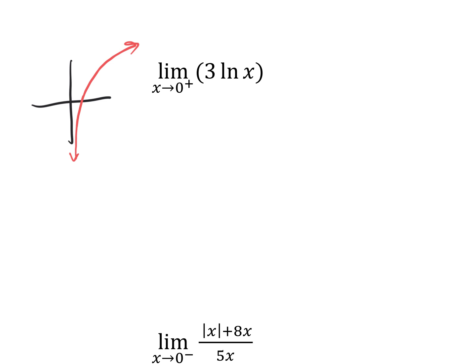It is assumed that you guys understand what the natural log function looks like. Could you graph this in your calculator if we needed to? So what's the limit as x is going to 0 from the right? Negative infinity. Would I give this to you as x approaches 0 from the left?